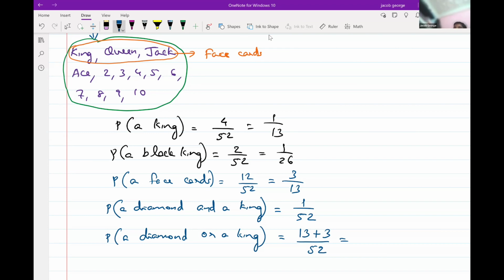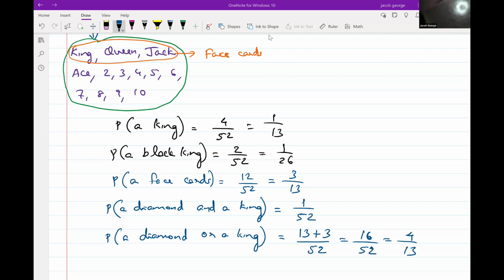So 13 plus 3, what is that? 16 by 52. When you simplify, what do you get? Divisible by 4, so 4 by 13.